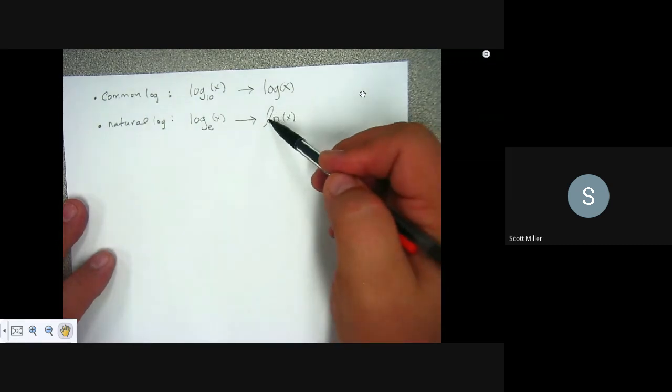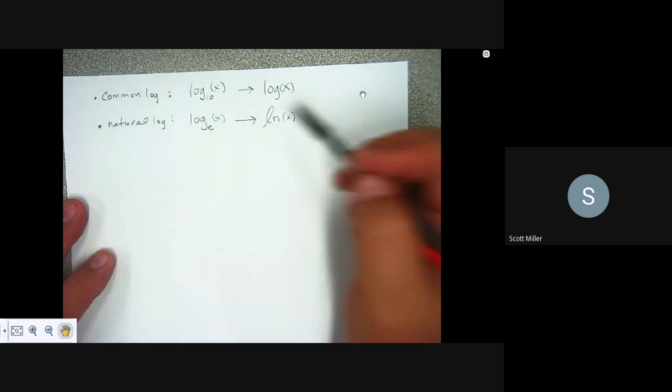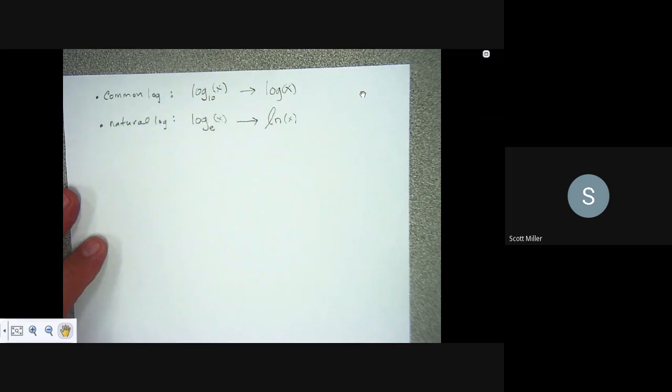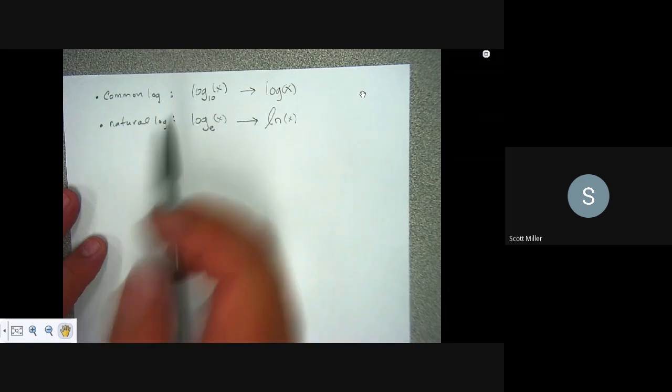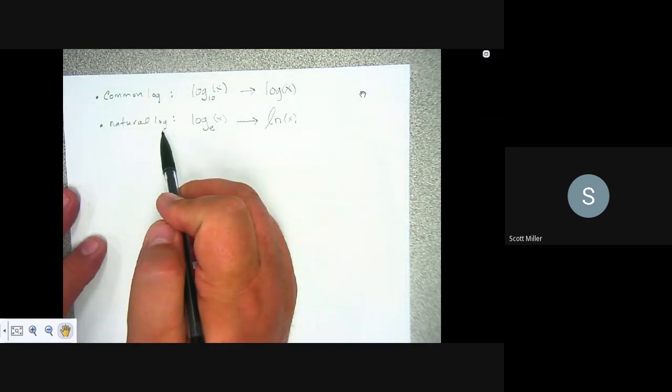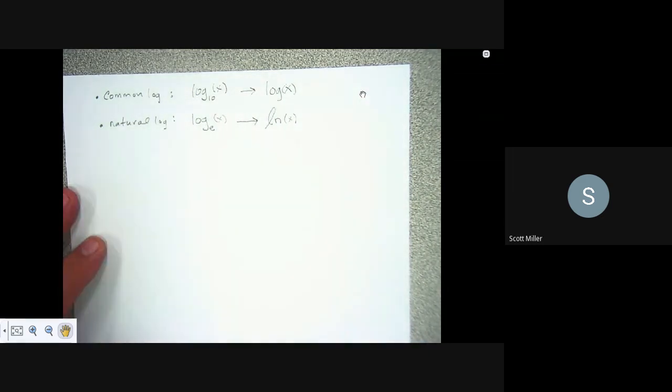Why is it LN instead of NL for natural log? Basically because this stuff was done in Europe. French, German, Spanish all put the descriptors after the object. So in English we say the red ball, but in Spanish you flip that, and you basically say the ball, and then you tell me that it's red.